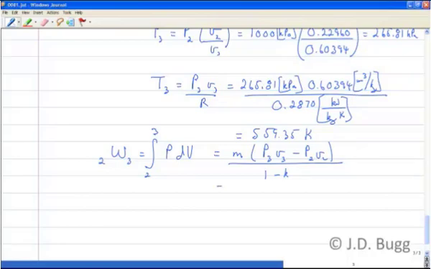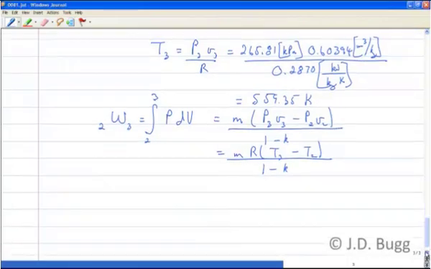And again, we can rewrite this because it takes a little bit less calculating as R T3 minus T2. We've already done the work of calculating these temperatures, so we best use them here. 1 minus K makes the work calculation a little bit easier.